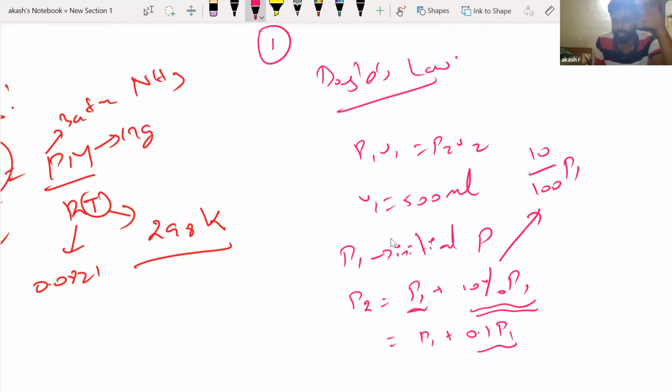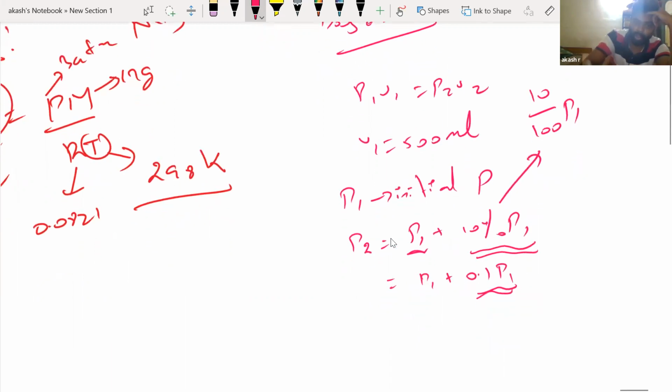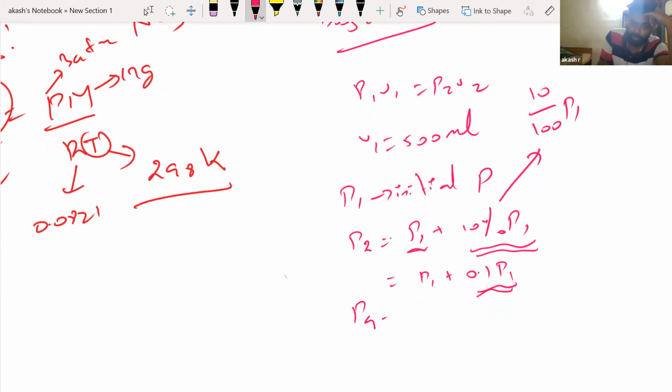Whenever a percentage is given, you divide by 100 and you get the actual value. So 10% of P1 means 0.1 P1. What is the final pressure now? The final pressure P2 is nothing but 1.1 P1. P1 plus 0.1 P1 becomes 1.1 P1. You have to substitute the values and you're going to get the answer.